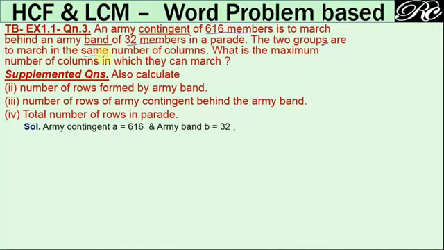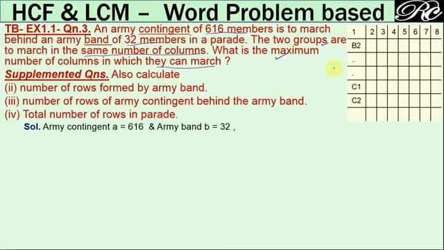Here the common thing is the same number of columns. What is the maximum number of columns that can be framed? So the maximum number of columns in which they can march can be calculated by taking their HCF. How is that? Let us understand. Why HCF? Why not LCM?